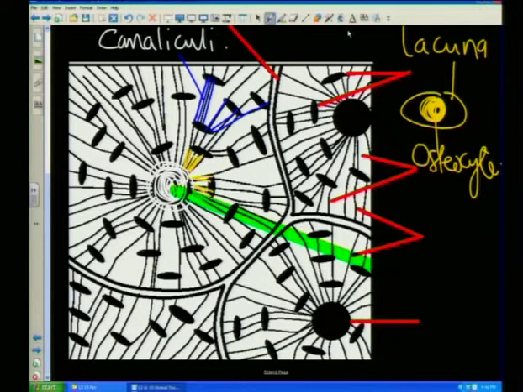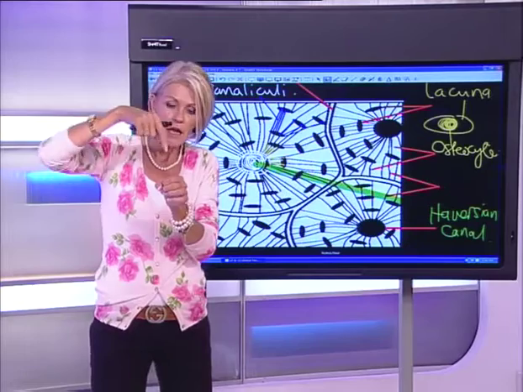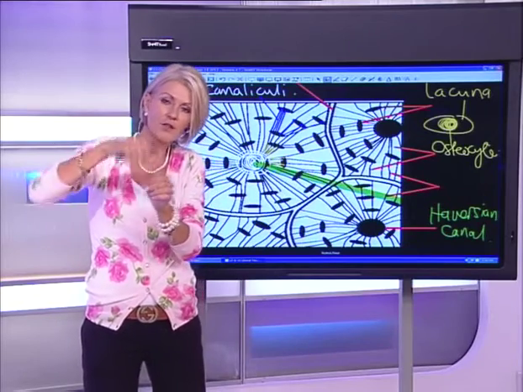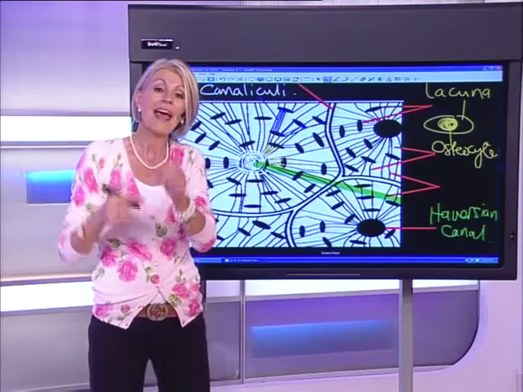That structure in the middle, and this red line over here is also the label line to it, is called the Haversian canal. And that Haversian canal is quite a large canal, and in there you're going to find a baby artery, an arteriole, and a venule, a baby vein, and a nerve.